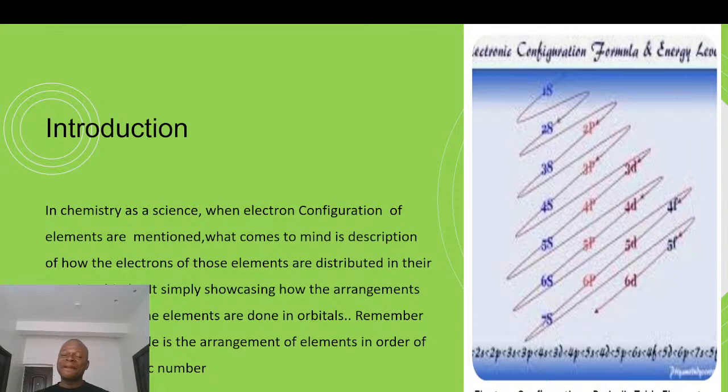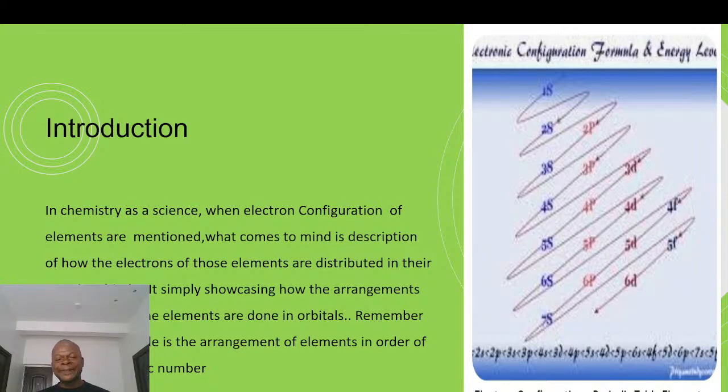I know when we were in secondary school, we were taught what a periodic table is all about, so it's not strange when we use those terms. But remember that the periodic table is just the arrangement of elements in order of their increasing atomic number.